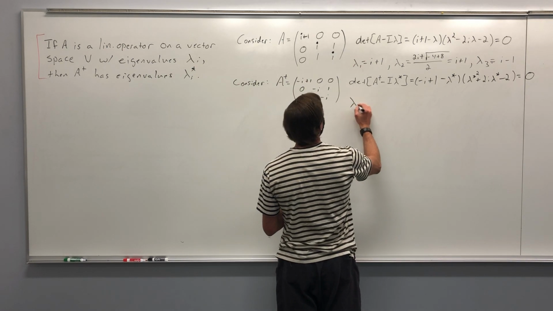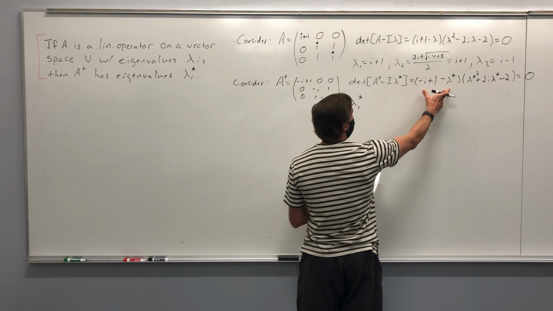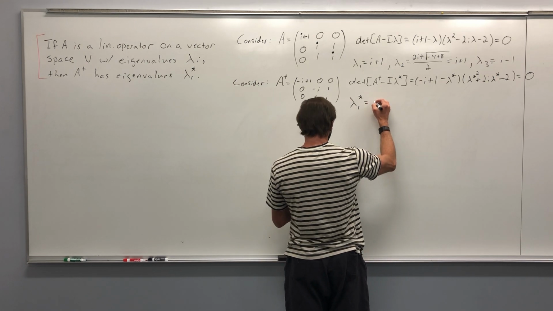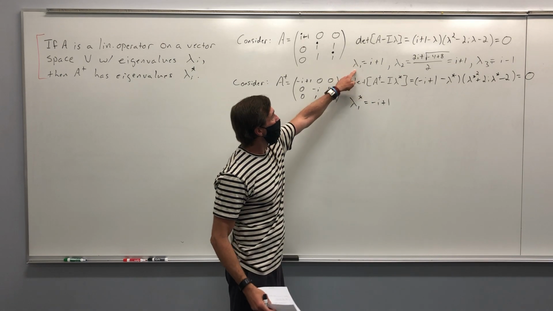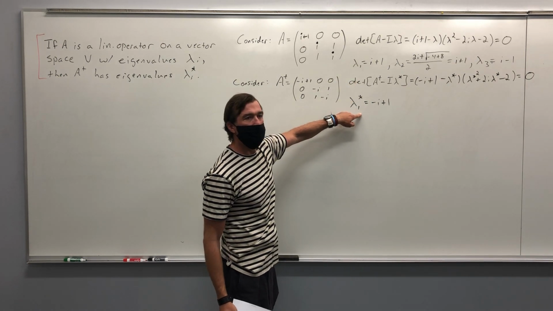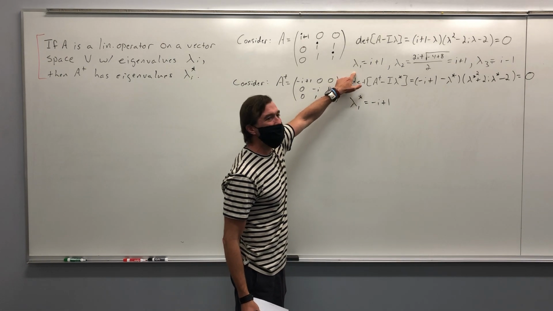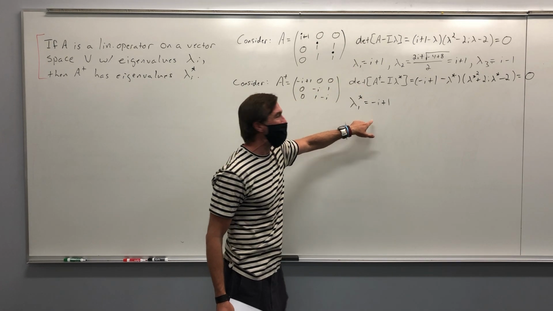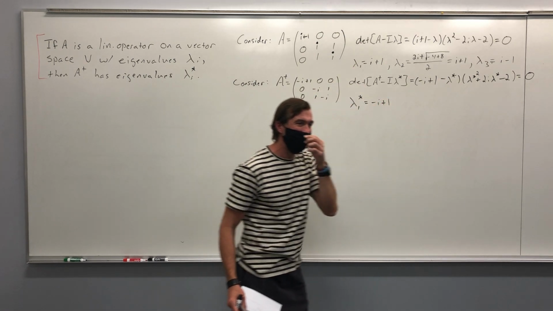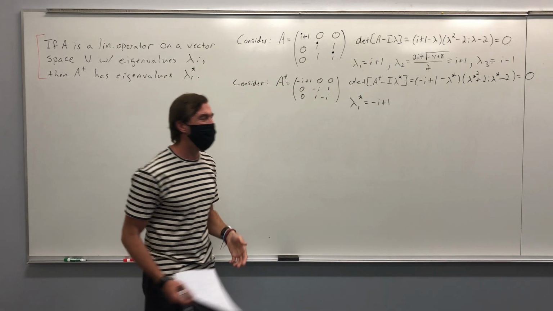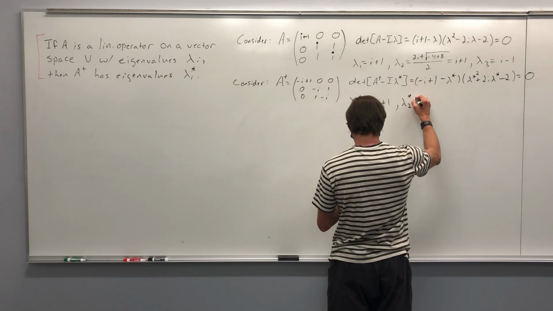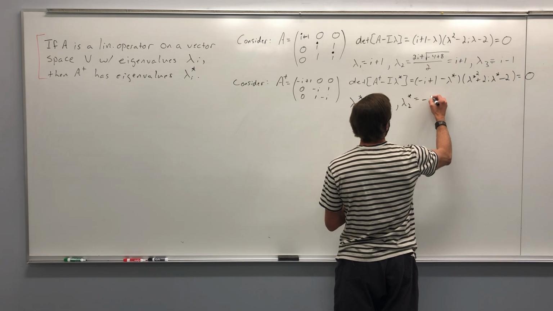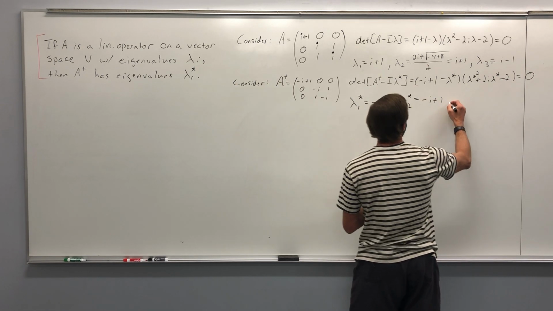Anyway. So, lambda 1 star, we're going to take this to be 0. Lambda 1 star is minus i plus 1. Notice I'm not taking this and starring it and calling it lambda 1 star. I'm solving this for its roots, okay? Similarly, lambda 2 star, if I plug in, I get minus i plus 1.